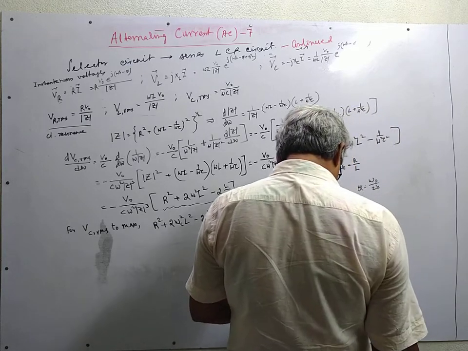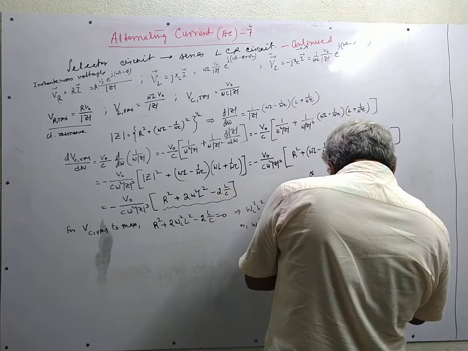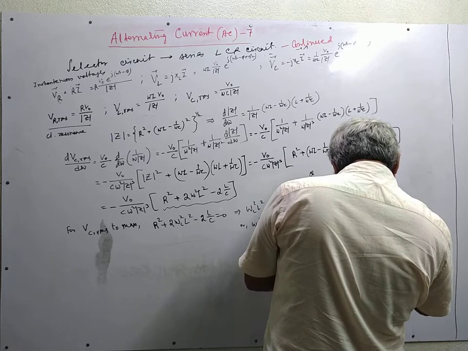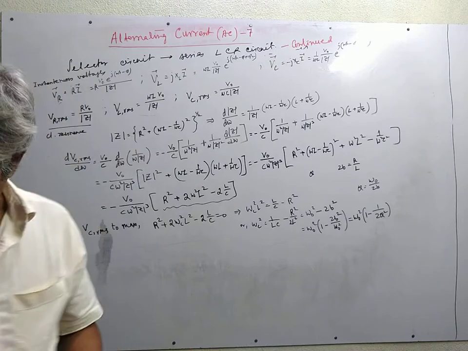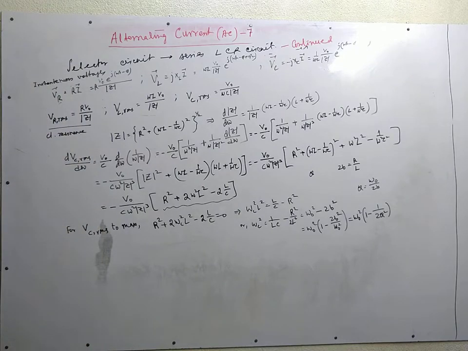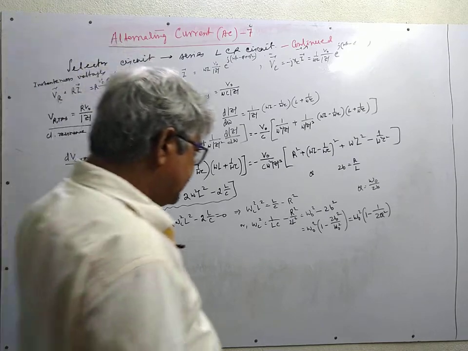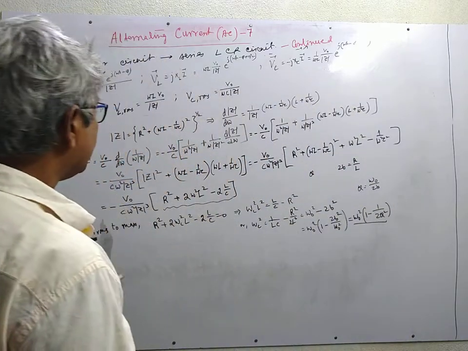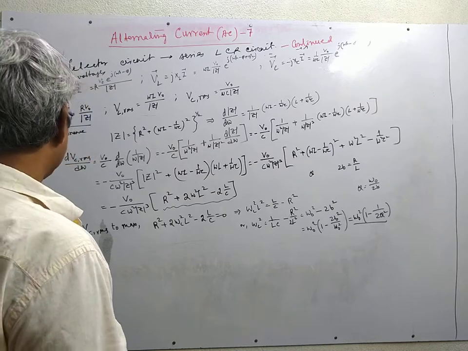So omega 0 by twice b, so this is equal to omega 0 square times 1 minus 1 upon 2Q square. So we see that the resonance of VC appears at a value less than the resonance frequency.